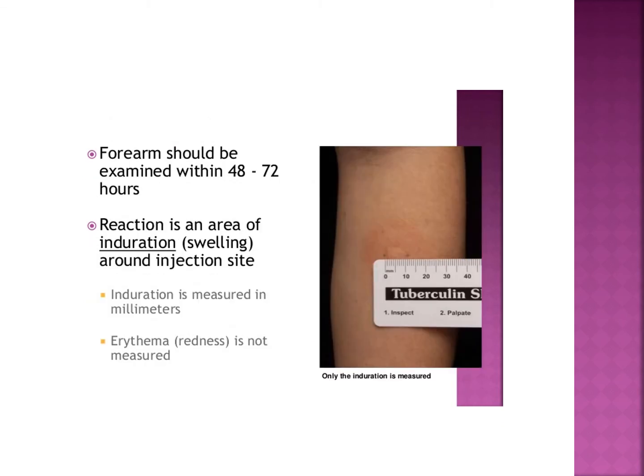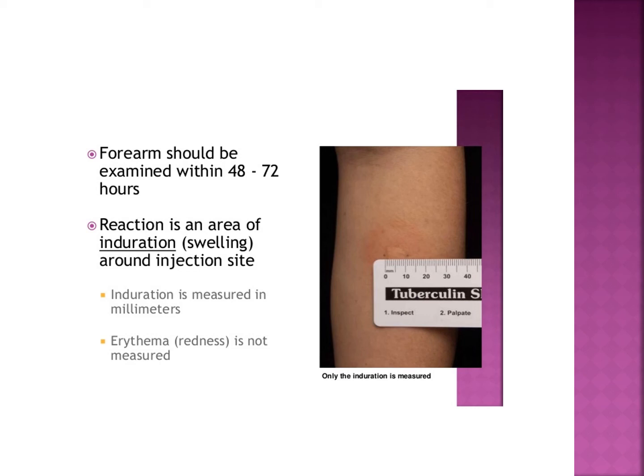As I said, the forearm is the usual site, and after injecting 0.1 ml of purified antigen, the forearm should be examined within 48 to 72 hours, and the reaction comes in the form of an induration, the swelling around the injection site, as you can see in the picture, and this reaction is measured in millimeters.